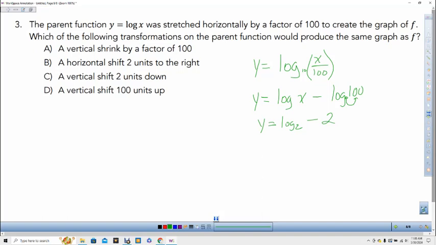So the exact same graph is going to be created by simply taking our log, sorry, I put a base down there. There's not a base there. Common log of x and just shifting the thing down 2 units. So C. So rearranging these gets us easier ways of graphing the exact same graph.